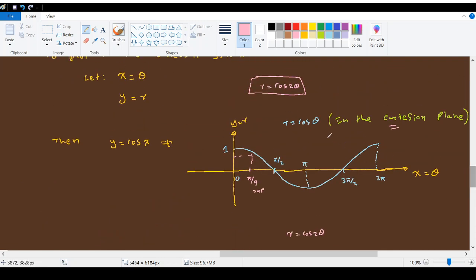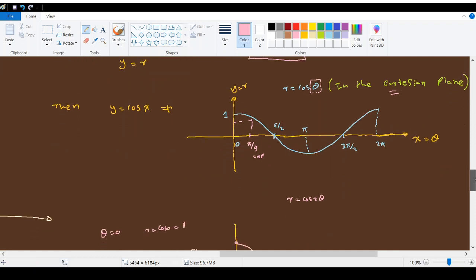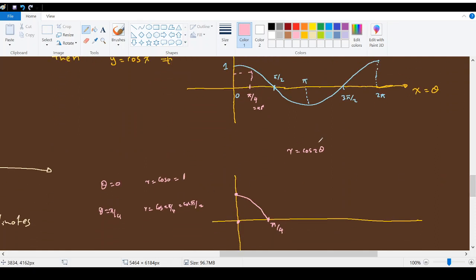Here, this is the cosine theta curve, so the total angle is represented on the x-axis, and if the total angle is pi by 2, then the value of cosine theta should be 0. So when the angle is pi over 4, this whole thing becomes pi over 2, and at pi over 2 the cosine term reaches 0.